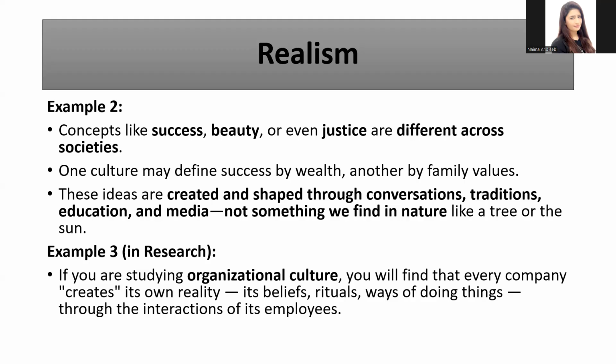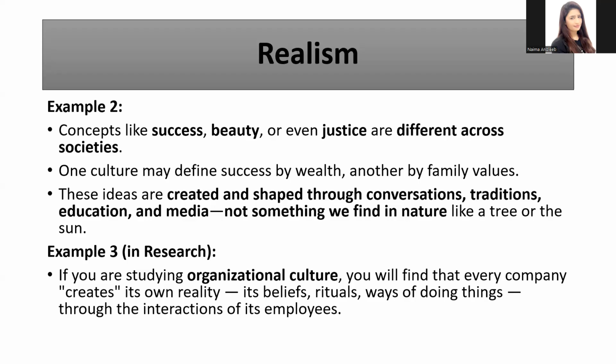Let's suppose we are talking about success standards. The standard for success is different person to person, society to society. Let's suppose in my society, some families have the standard for success as wealth. Some have the standard for success as education. For some the standard of success is fulfilling their family, the completion of the family, giving very good education to their kids.